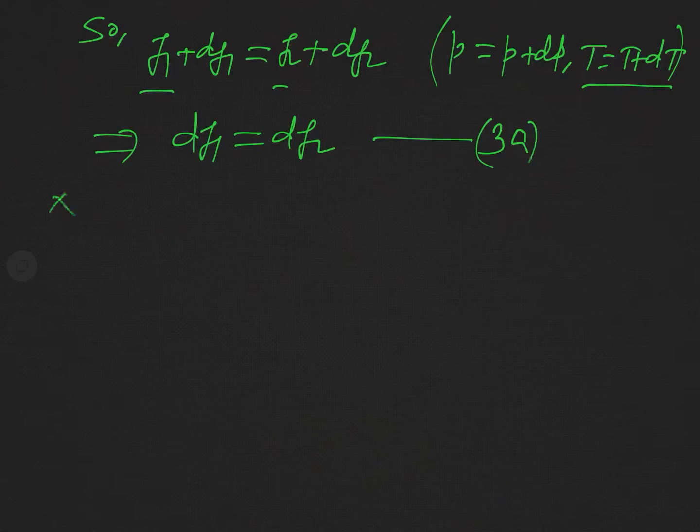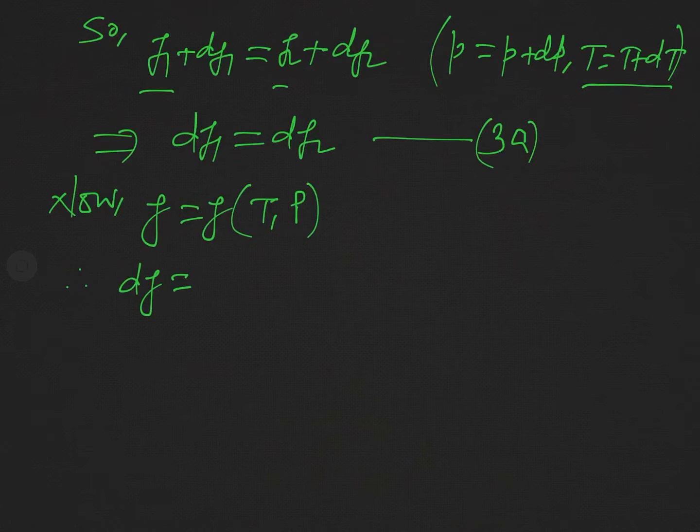Now, as we know, the specific Gibbs potential G is a function of temperature T and pressure P. So we may find dG from here, and therefore what will be dG?